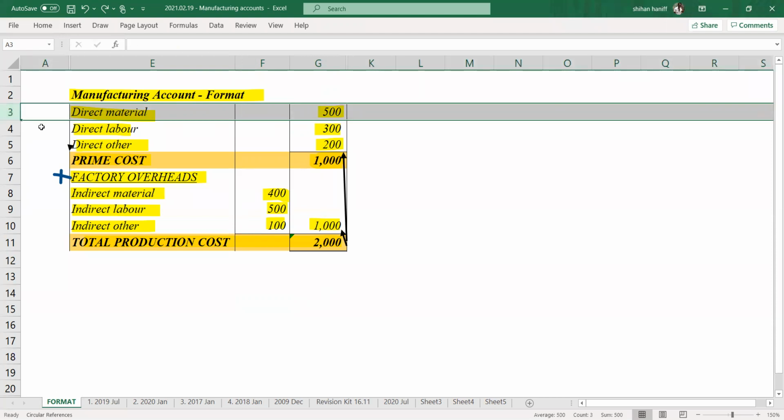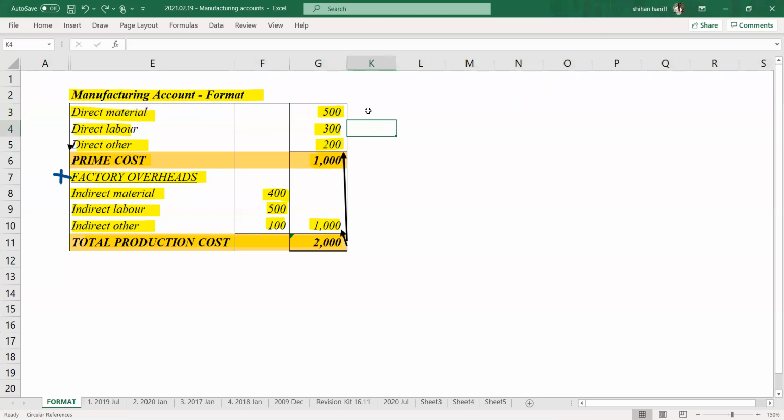Okay. So how do you calculate current year usage, current period usage? If you want to calculate the usage of inventory, what we do is we calculate the usage using the equation similar to the cost of sales.